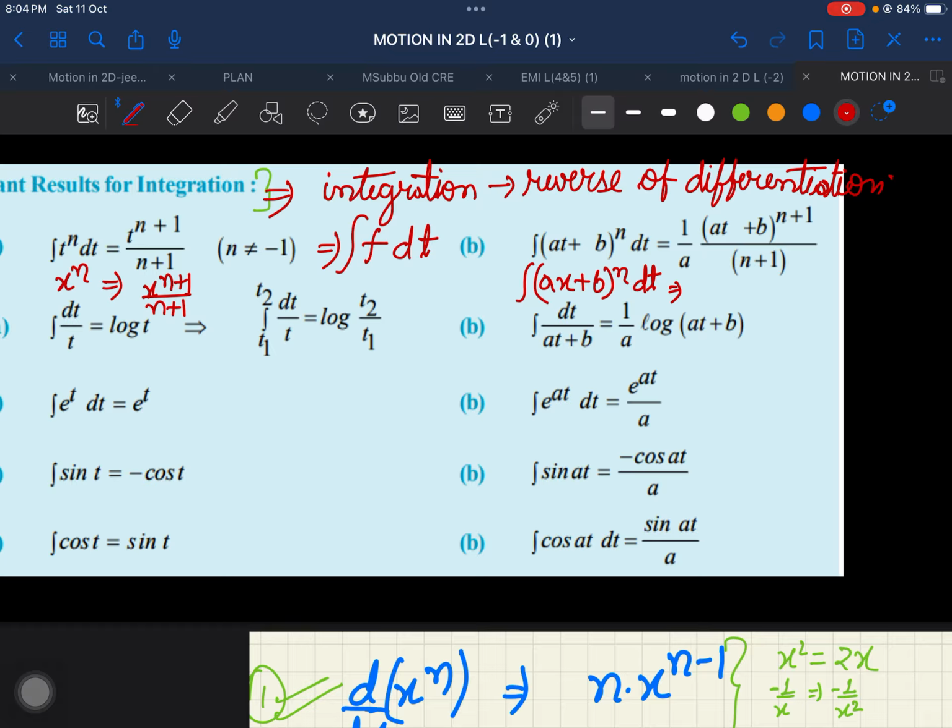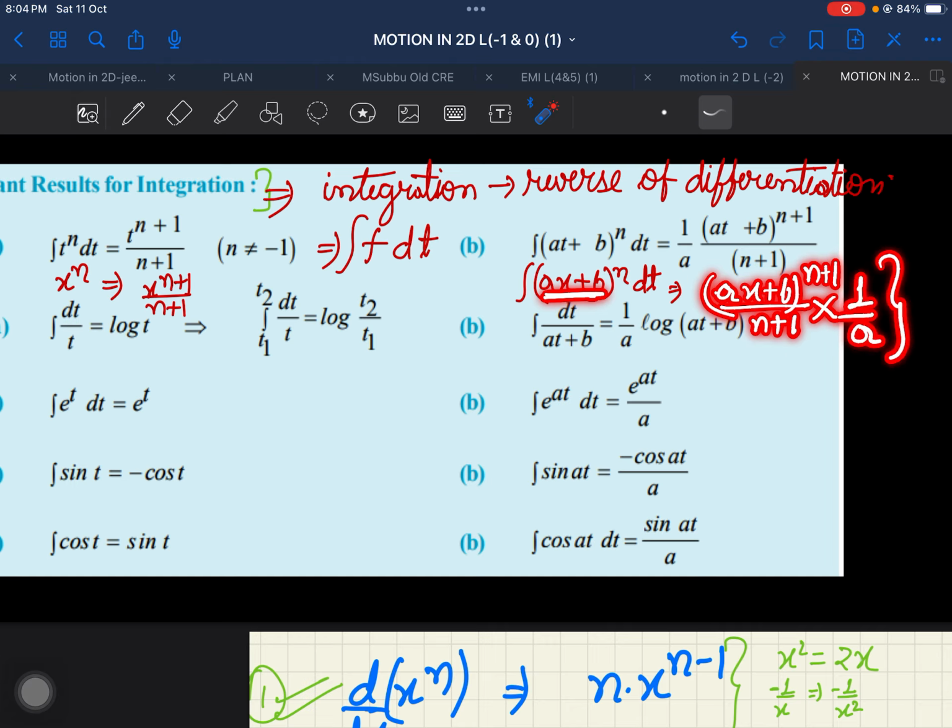Here we have ax plus b, so the integration is ax plus b to the power n plus 1 divided by n plus 1. In this we have just one change: we have 1 by a in multiplication also, the coefficient of x. We have to divide by the coefficient of x again. If in place of x we have ax plus b, then we have to divide by a also.